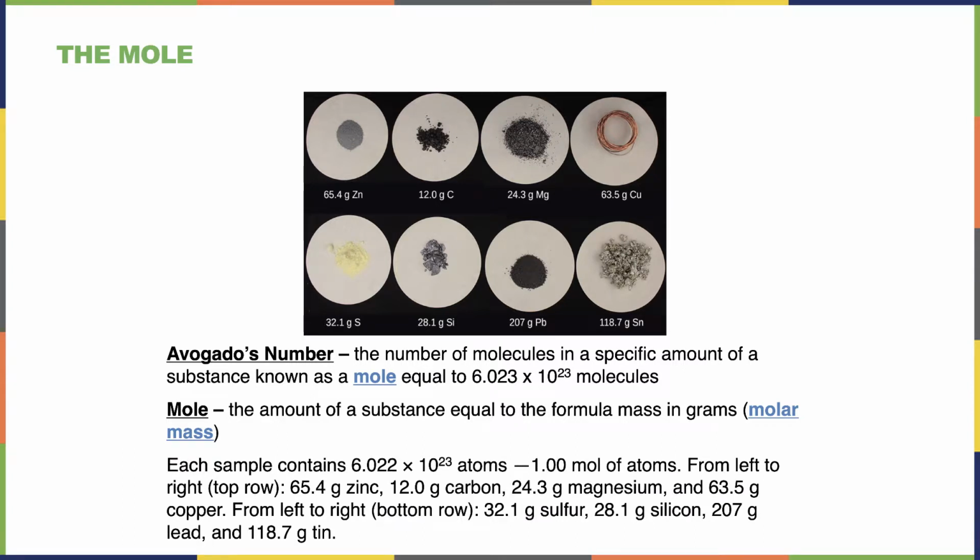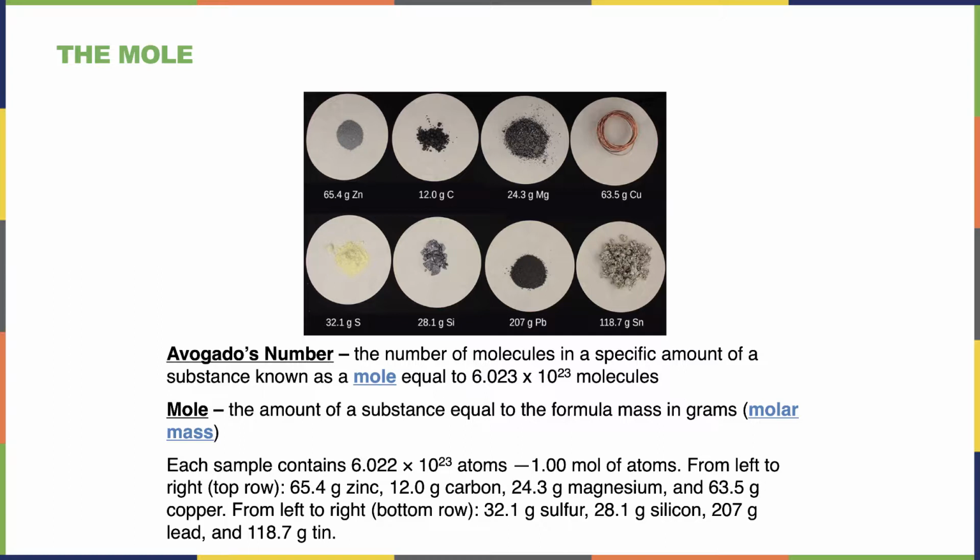So each of the above pictured samples here contains 6.02 times 10 to the 23rd, or 1 mole, of atoms. And if you look in the periodic table, each of these is also the atomic mass of the element.